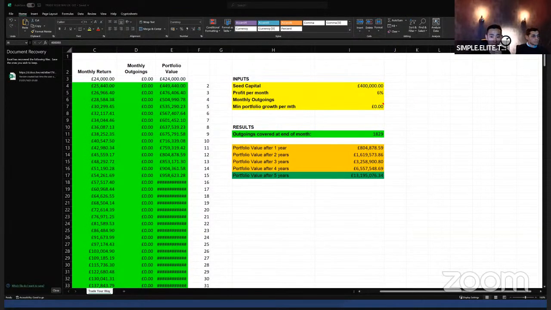I need a pen in yellow. So £400,000 with a 6% return, every single month you make £24,000. And then you compound, because your £24,000 comes into your portfolio, because you don't need to touch your money. This is money purely for trading purposes.